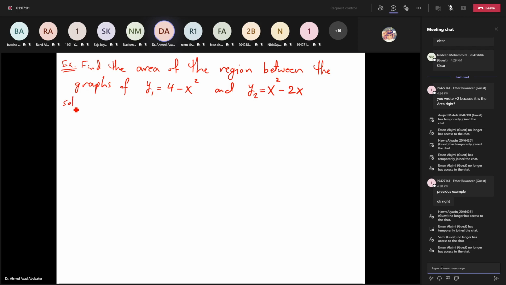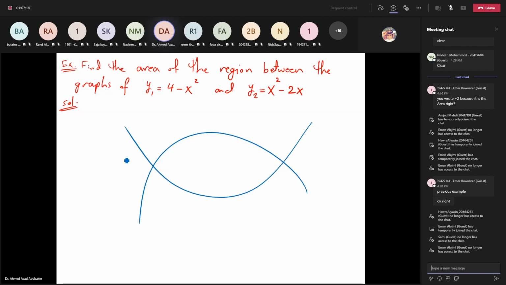The solution: here we don't have the bounds from left to right. We just need to find the area between them; this is y1 and this is y2.